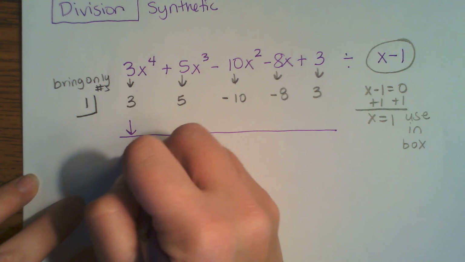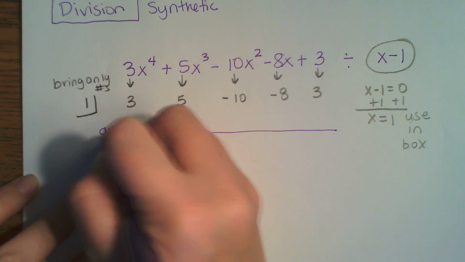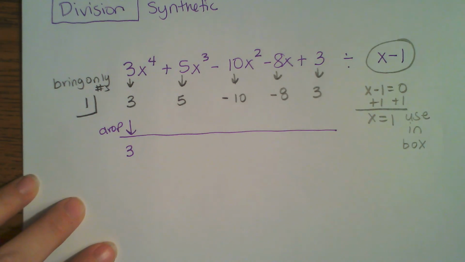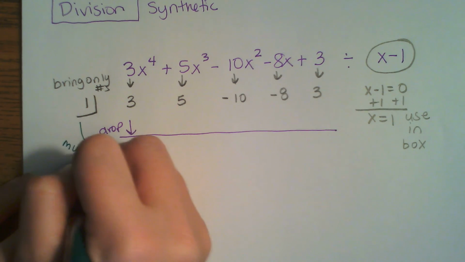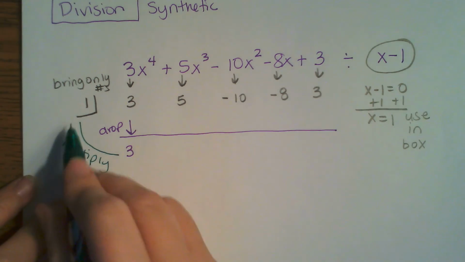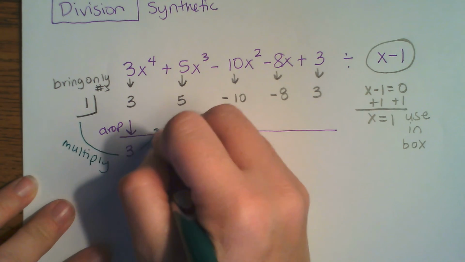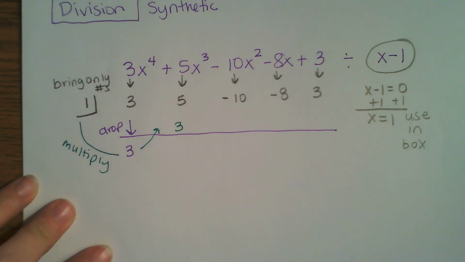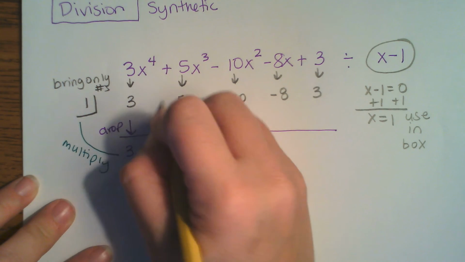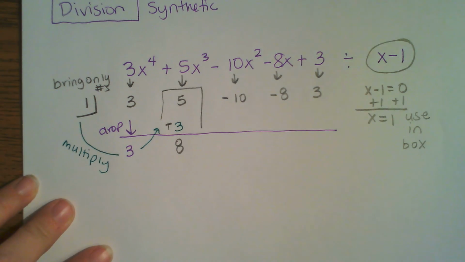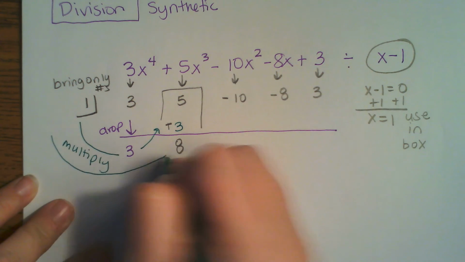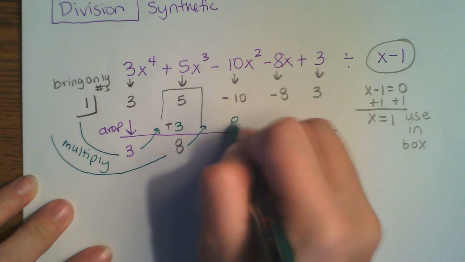So we drop this first number and we multiply. 1 times 3 is 3. 5 plus 3 is 8. 1 times 8 is 8.